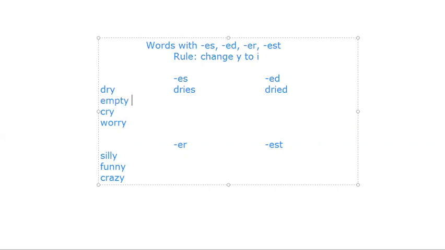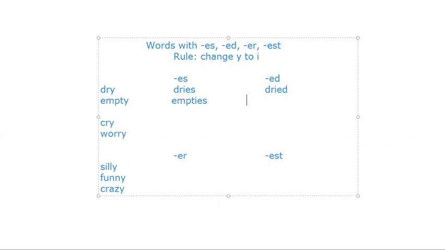So, my next word I wanted to work on was the word empty. Again, with the word empty, our y has the long e sound. But I'm going to change that y to an i, and I'm going to add es to make empties. To say something that is happening right now, we would say empties. She empties her school bag when she arrives at school.